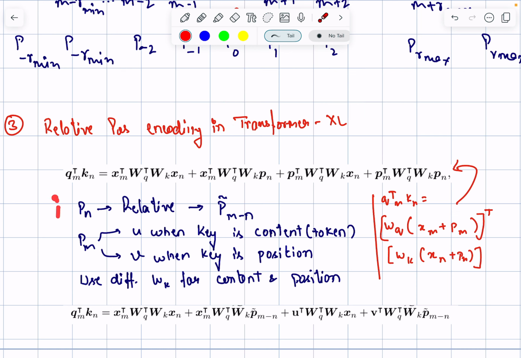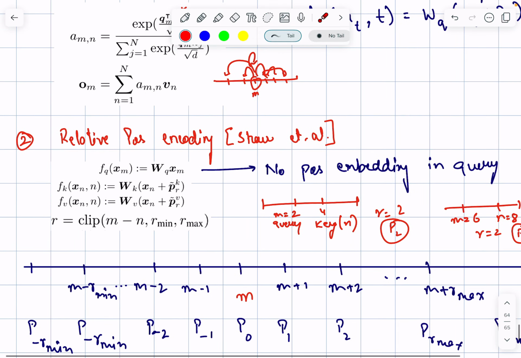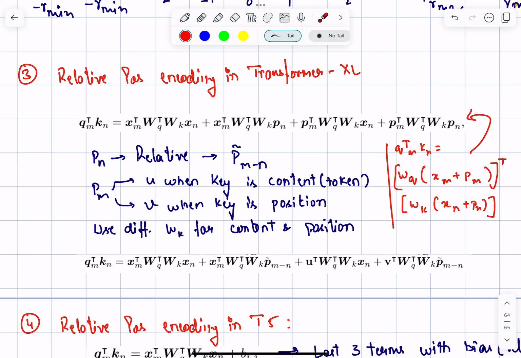First, it replaced Pn, it said make Pn relative. That means some positional embedding m minus n, as we saw earlier in the relative position by Shaw et al. Okay, then for the case of PM, where is PM? Here is PM and here is PM.